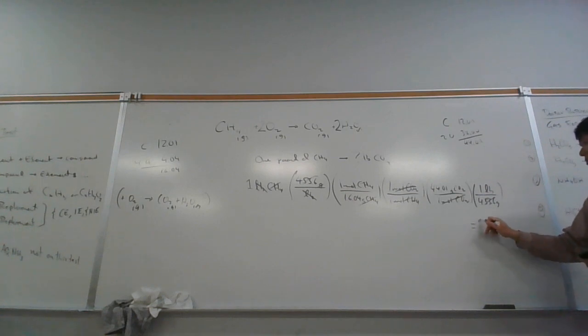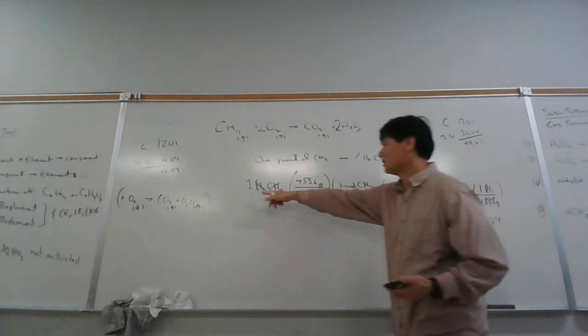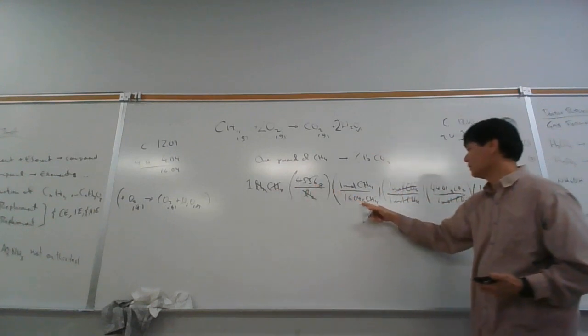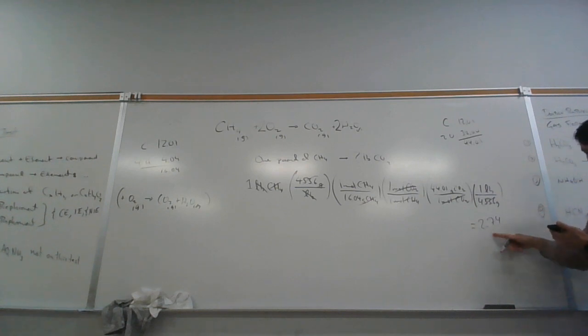So what I end up with is 2.74. Okay, how many sig figs am I allowed? If I call this infinite, exactly 1 pound, then I have 4 sig figs here and here. So I'm allowed 4 sig figs here. 2.737 pounds. And so this is going to round to 2.744 pounds of CO2.